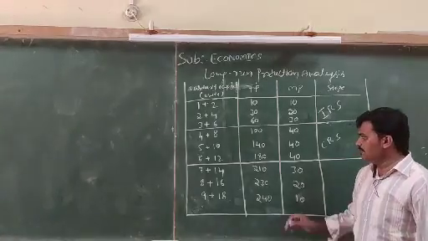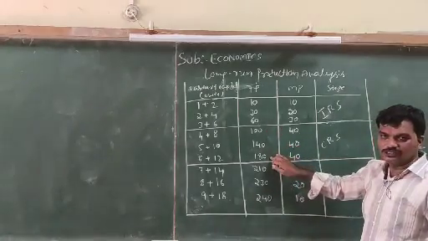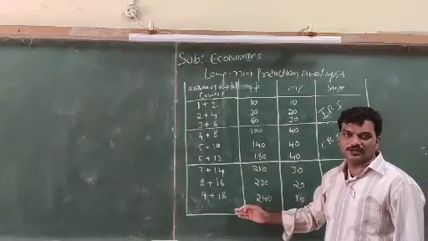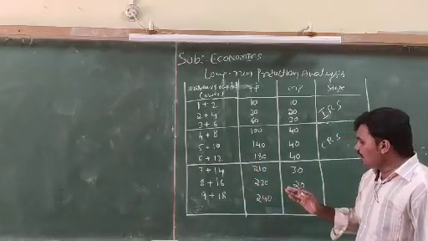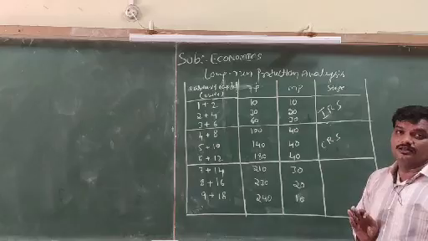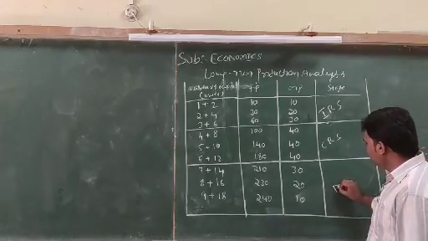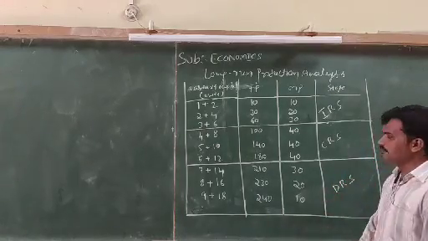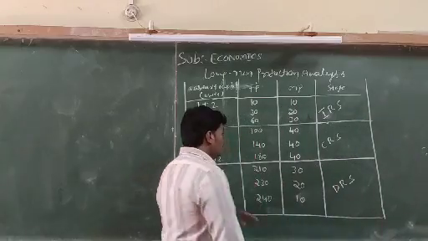That means output increases at a constant rate. Then after that, up to where the output increases at a diminishing rate, that stage is known as diminishing returns to scale, DRS.